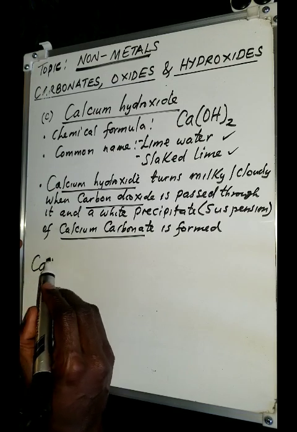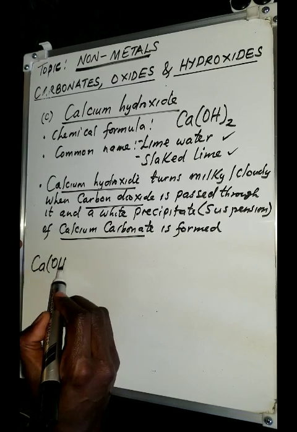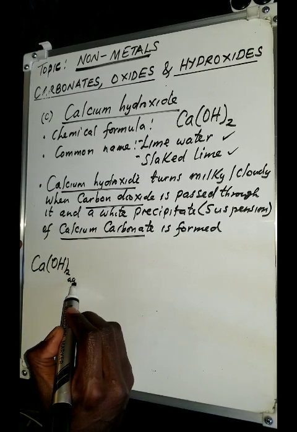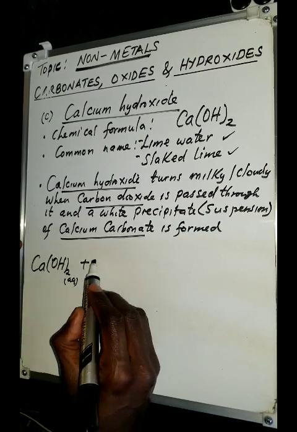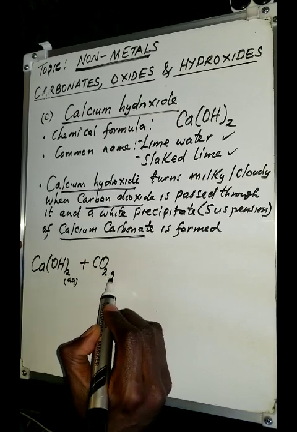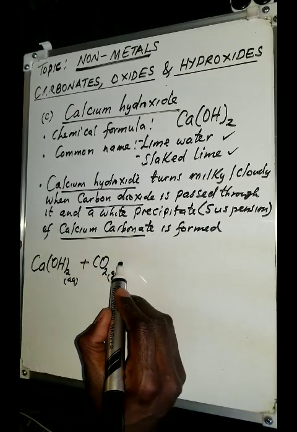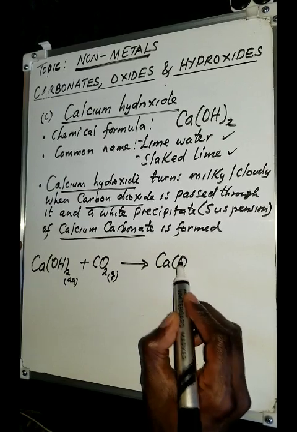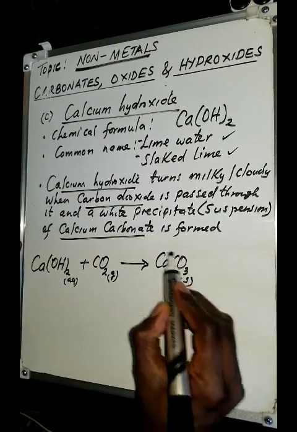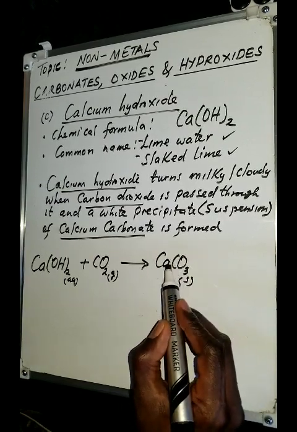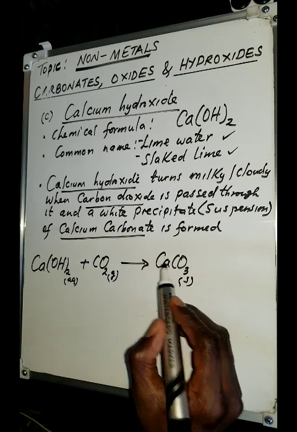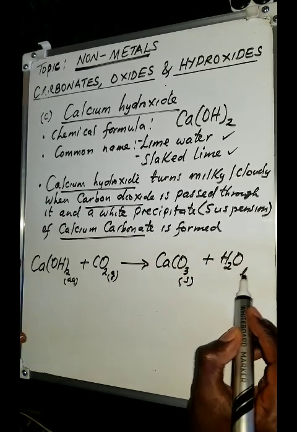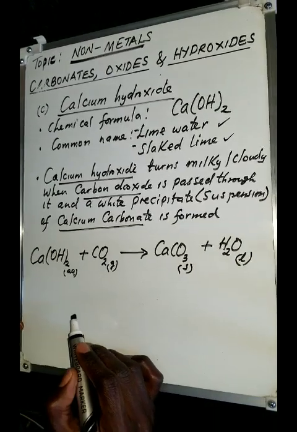When calcium hydroxide, which is aqueous, reacts with carbon dioxide, which is a gas, you pass it through and you are going to have calcium carbonate, which is in solid form, and that makes the solution turn milky or cloudy. At the same time, water is also produced.